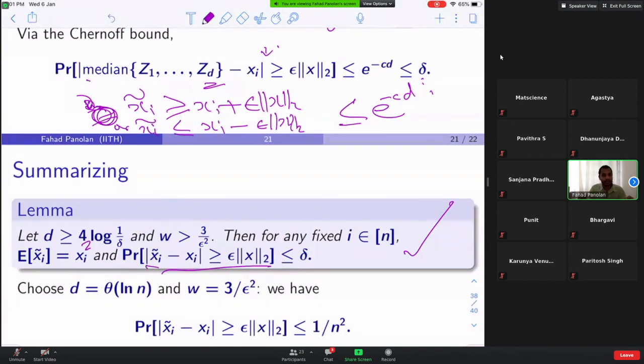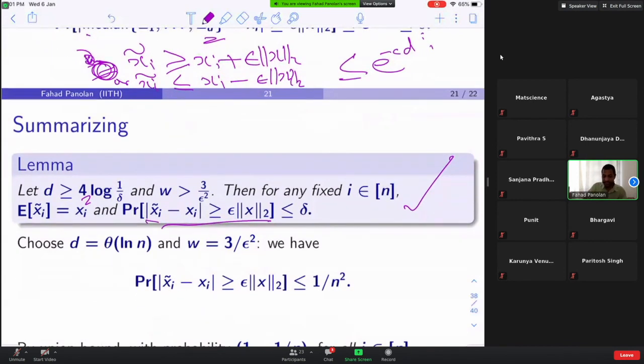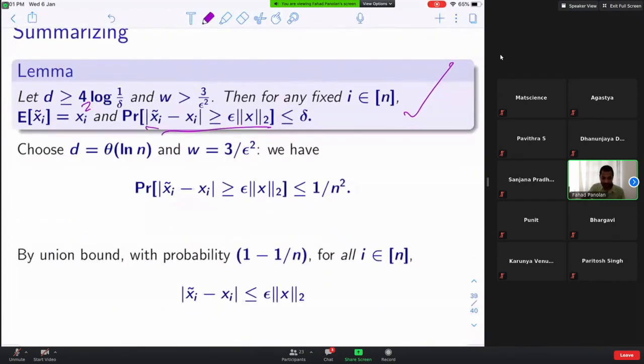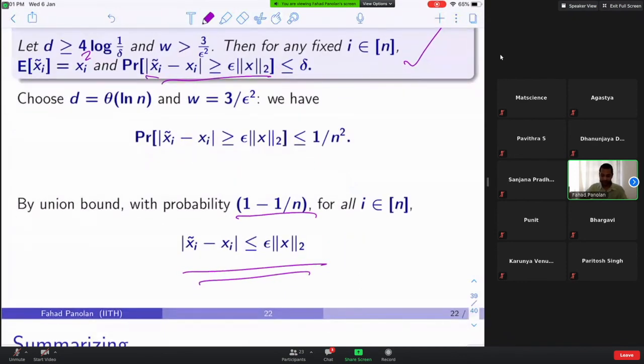Then you apply the union bound and say there exists an i such that xi tilde is bad with probability, like there are n estimates, so n times 1/n square, which is 1/n. Which in other words means that with probability 1 minus 1/n, for all i, xi tilde is a good estimate. The good is this.